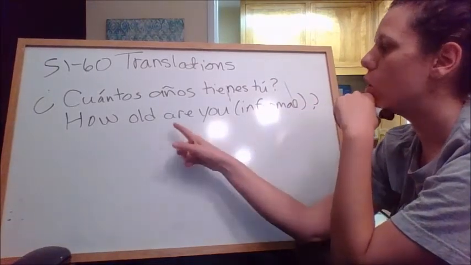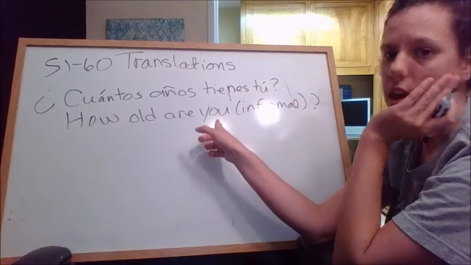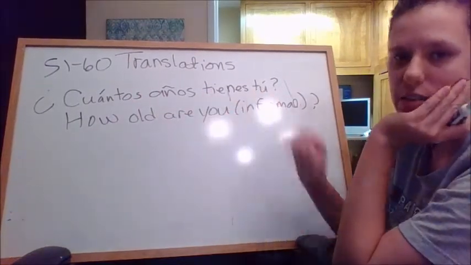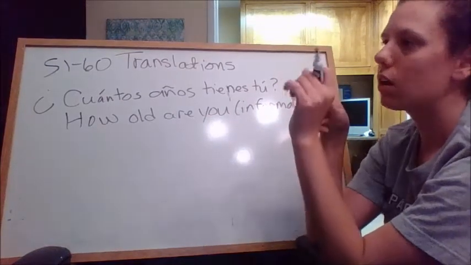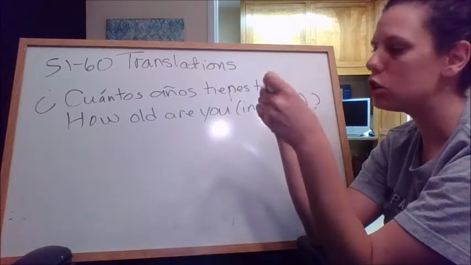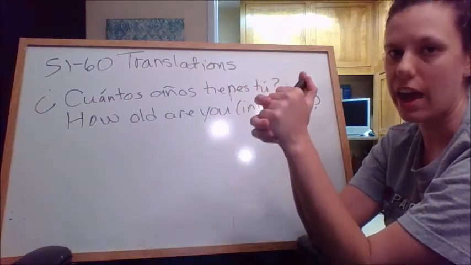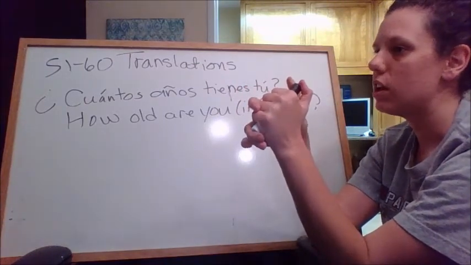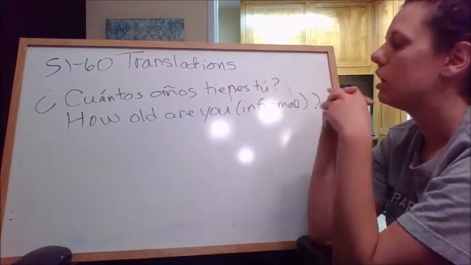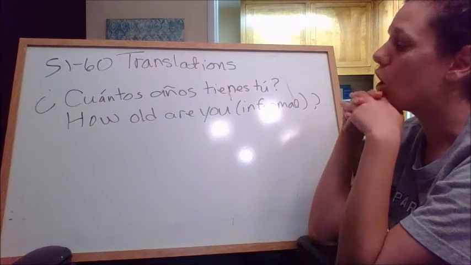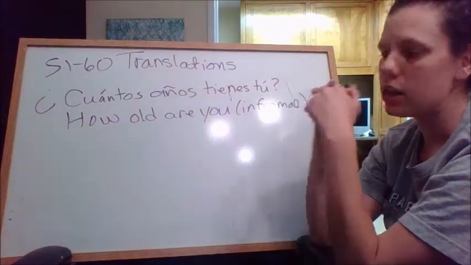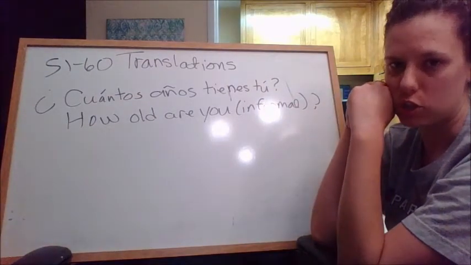If I said, how old is she? It would be, ¿Cuántos años tiene ella? Okay. Because remember that asking someone how old they are, in English we use is or are, like I am 27, I am 32, he is 46, or how old are you, how old is she? But in Spanish it's a tener expression.